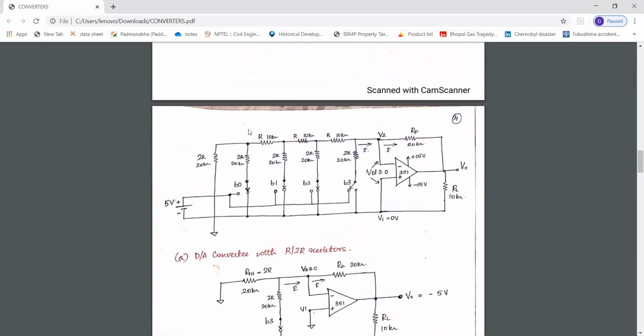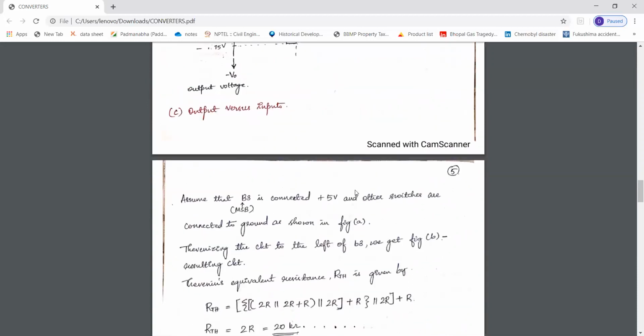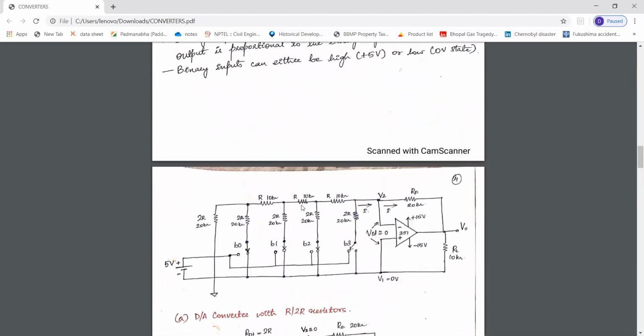So this much we understood, and next we have this part of the circuit reduced. Now this much is in parallel with this resistor 2R, and it is connected in series with the resistor R. So you can see that this much is in parallel with resistor 2R, and this is in series with resistor R, that is this resistor.